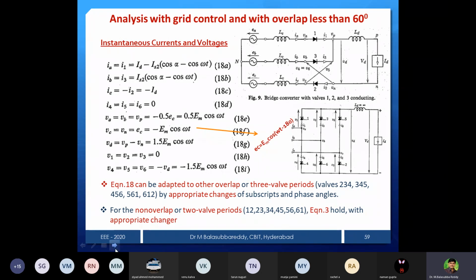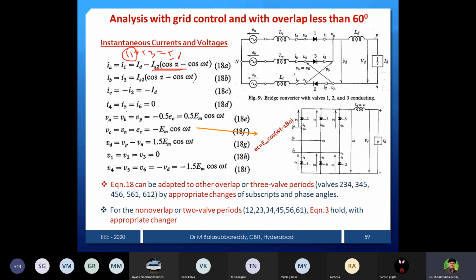You can see I1 plus I3 is equal to ID. So IA is equal to I1, that is ID minus I3. This is equal to I1, and ID minus I3 we derived in the previous expression.